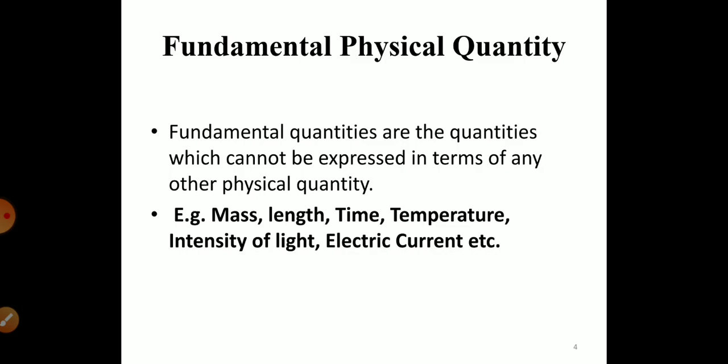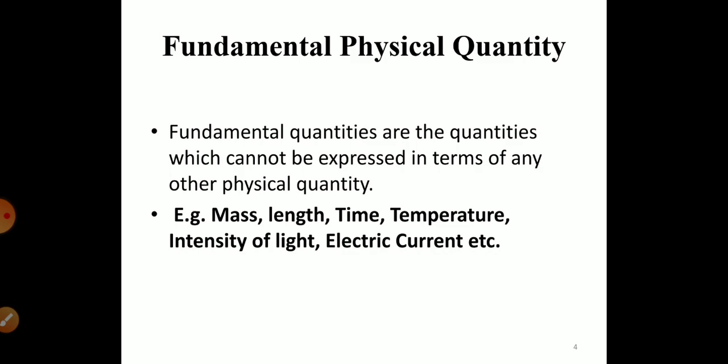We know that the various physical quantities used in a fluid phenomenon are formed by some fundamental or primary quantities such as mass, length, time, temperature. Mass is denoted by capital M, length by capital L, time by capital T, and temperature we denote as theta.